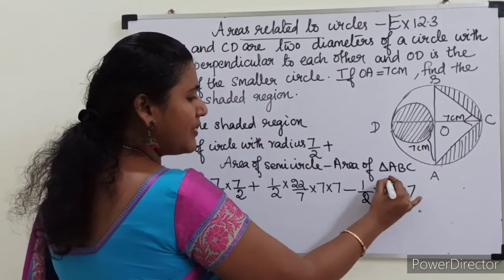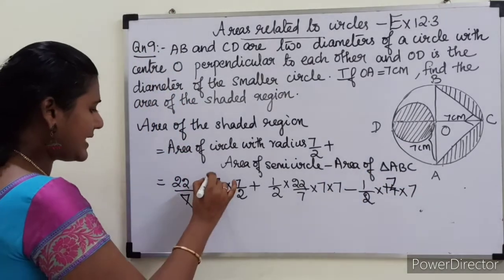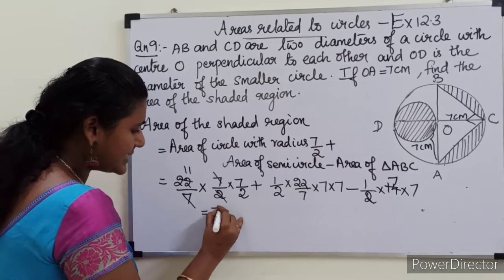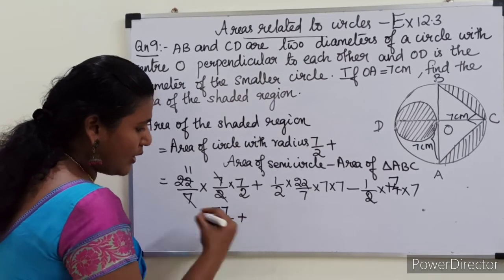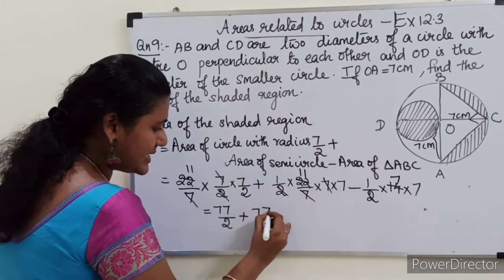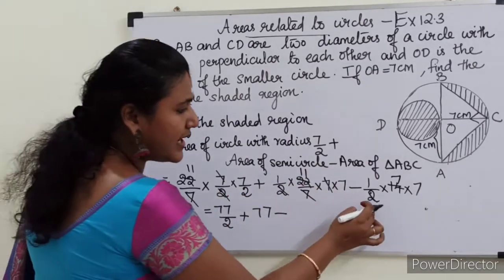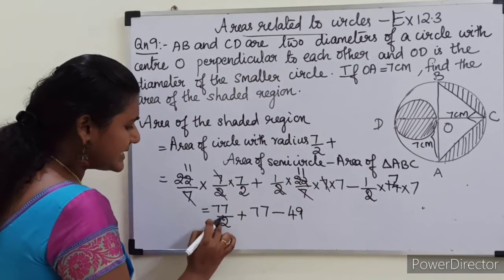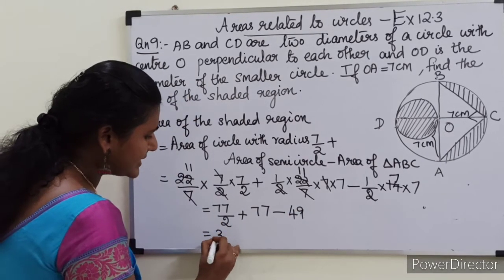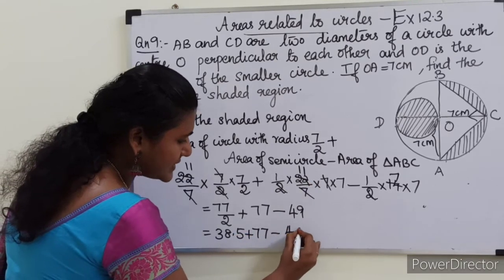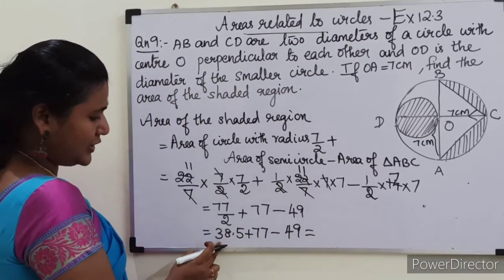So now we will simplify this. Here we can cancel. So 11 into 7, that is 77 by 2, plus here also we can cancel, so plus 77 minus, here we can cancel, so 49. That is 77 by 2 is 38.5 plus 77 minus 49. We will add these two.